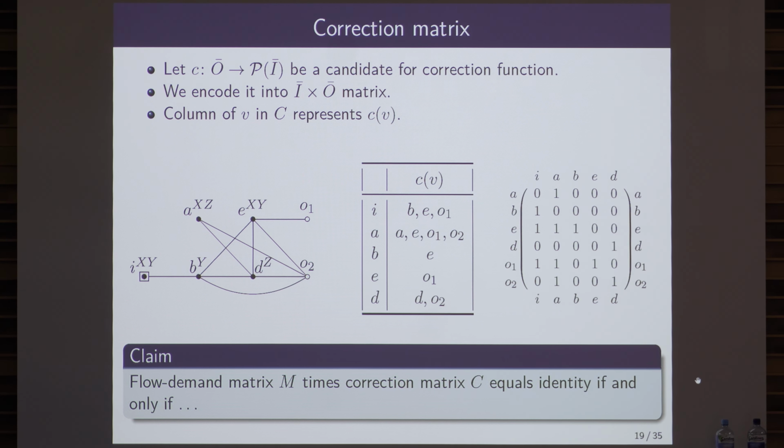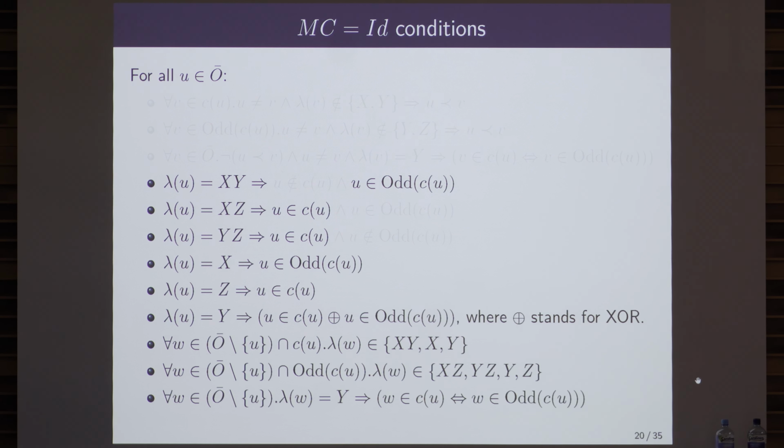So this is just a way of visualizing that wall of conditions in slightly simpler terms, by something that can also be easily understood by a computer. And those are the exact conditions that MC equals identity corresponds to. So if we want MC to equal identity, it means that all of these conditions must be satisfied.